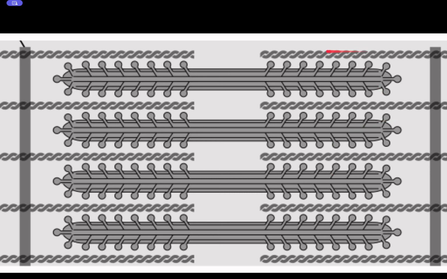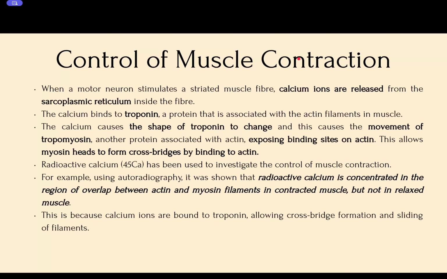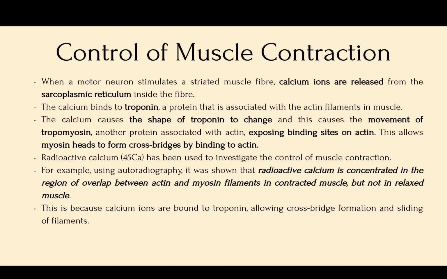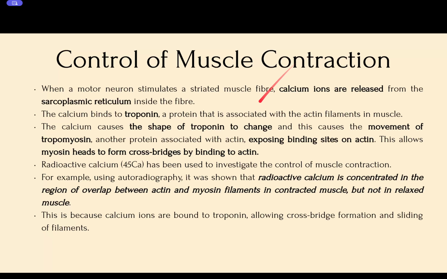The calcium will cause the shape of the troponin to change and then cause the movement of tropomyosin, which is another protein associated with actin, which will expose the binding sites on actin. So that's why myosin heads can form cross bridges by binding to actin.